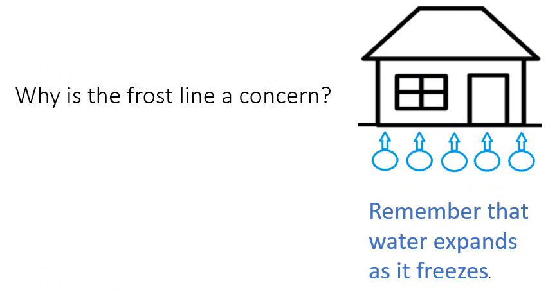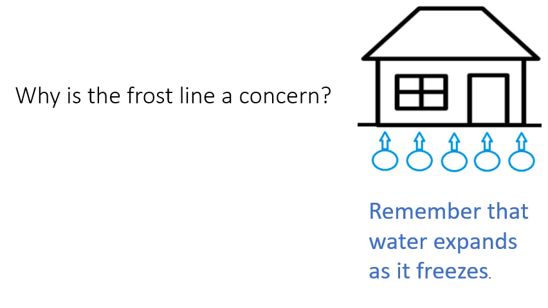So, if the water under your house freezes, well, frozen water expands and it gets bigger. So your house sitting on top of ground that is becoming bigger is a problem because if it expands, it pushes on your house. And then in the spring, when it melts, your house is going to contract a little bit. It's going to squish the ground down a little bit.